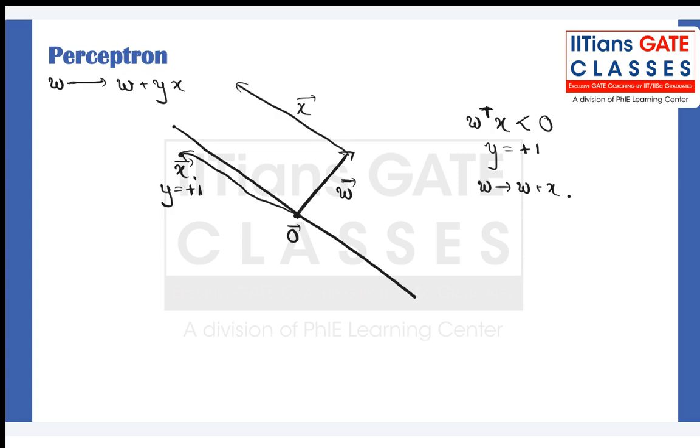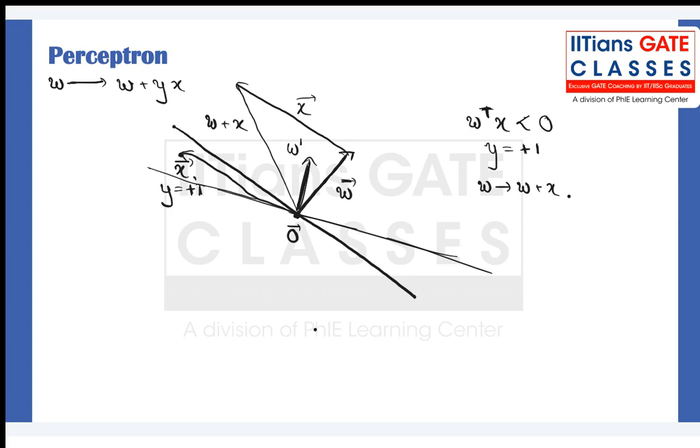And now if you do the vector addition, this is your new vector w plus x. And now your hyperplane is something like this. Okay, this is your new hyperplane now. W dash is your new hyperplane.